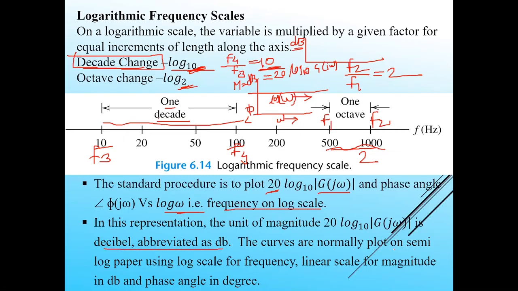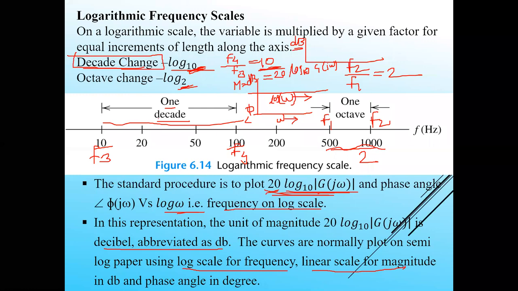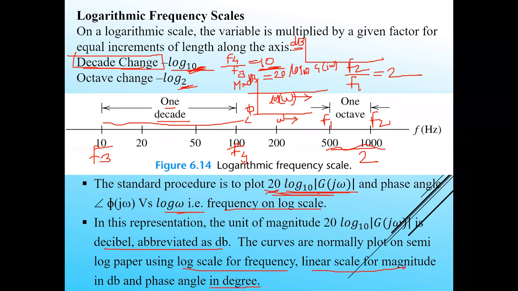The curves are normally plotted on semi-log paper using log scale for frequency, linear scale for magnitude. आता linear scale for magnitude म्हणजे काय झाले, ऑलरेडी तुम्ही मॅग्निट्यूड डीबी मध्ये घेतलेलंच आहे, म्हणजे मॅग्निट्यूड हे लॉग मध्ये घेतलेलंच आहे. एकदा लॉग मध्ये घेतलं की परत त्याला लिनियर स्केल वापरायचं. सो लिनियर स्केल फॉर मॅग्निट्यूड इन डीबी आणि फेज अँगल इन डिग्रीज.